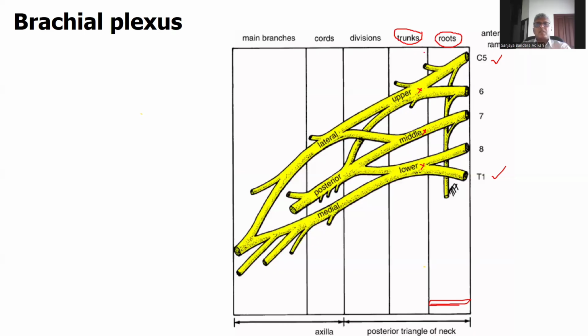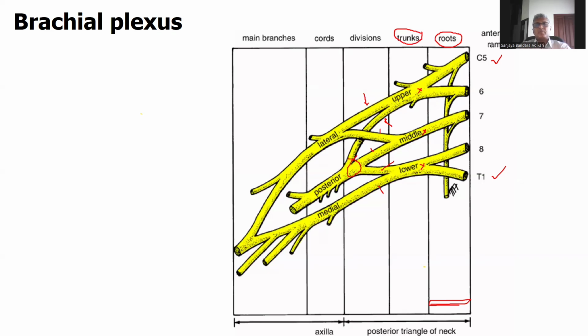Then each trunk is divided into an anterior division and a posterior division. All posterior divisions unite and form the posterior cord.